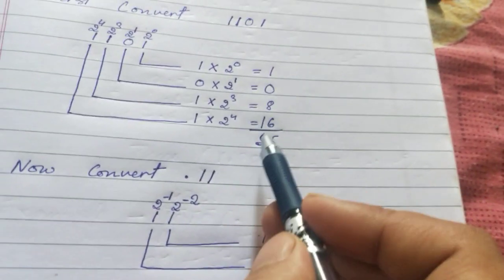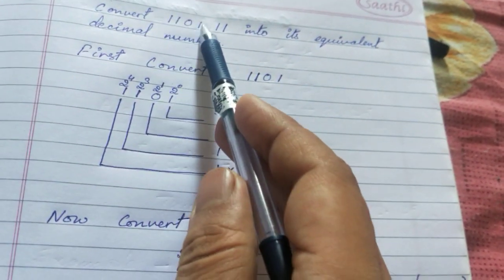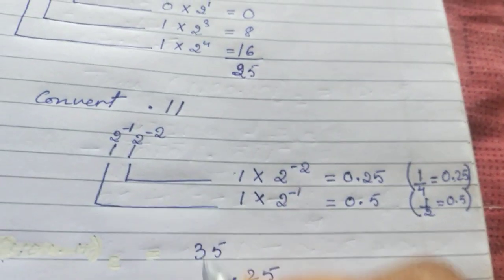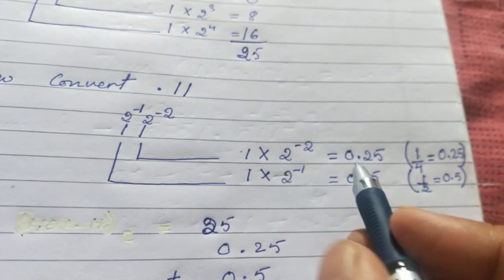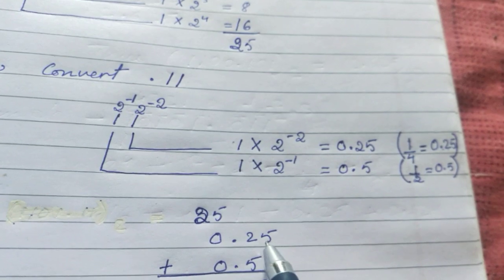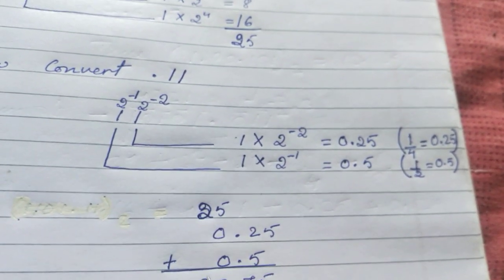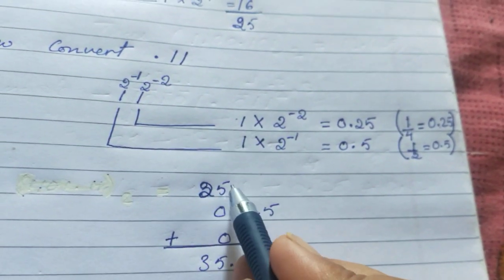Now you have got the number from before the decimal point, so you will write it over here. And you have got 0.25 and 0.5. You will add this up. First you will add the numbers before the decimal point.